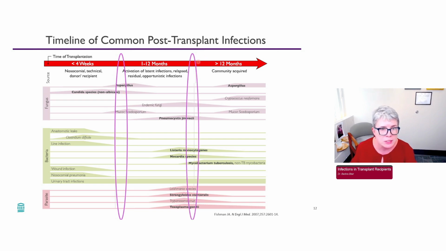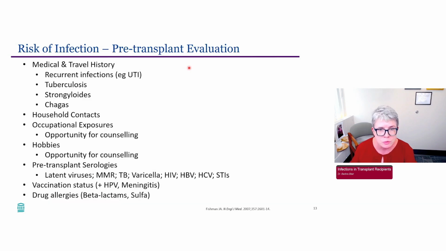As far as reactivation of latent infections, it starts about 9 to 12 months after transplant in most cases, if you're going to actually get tuberculosis from a latent infection. I know there is a talk, either later or there already was one, on the pre-transplant evaluation, so I won't belabor it.